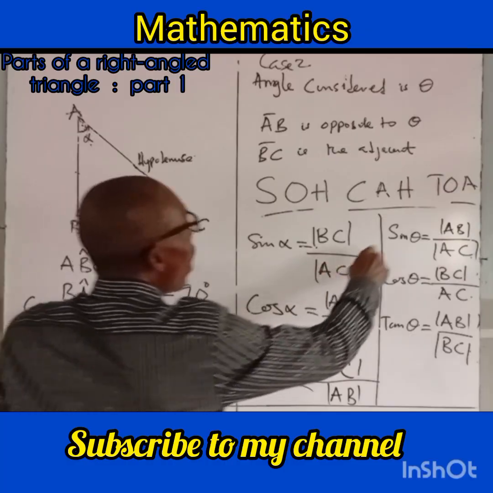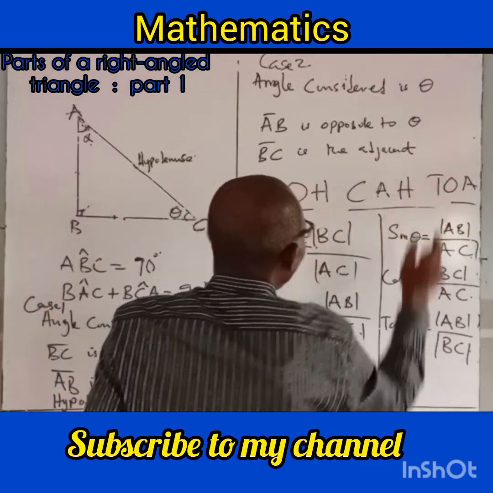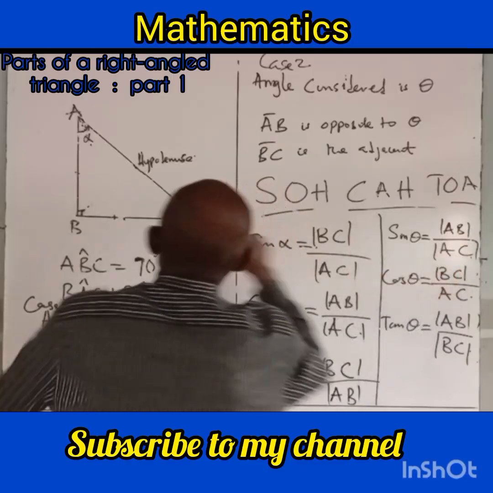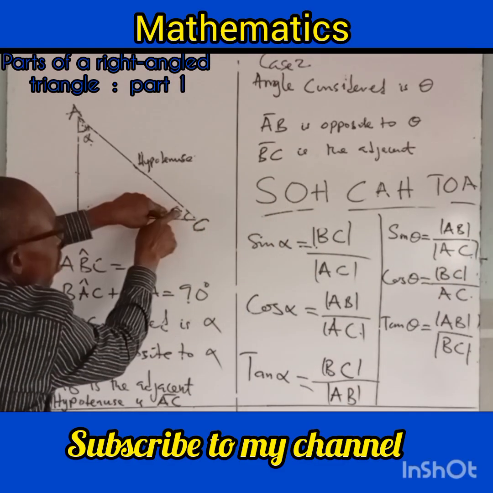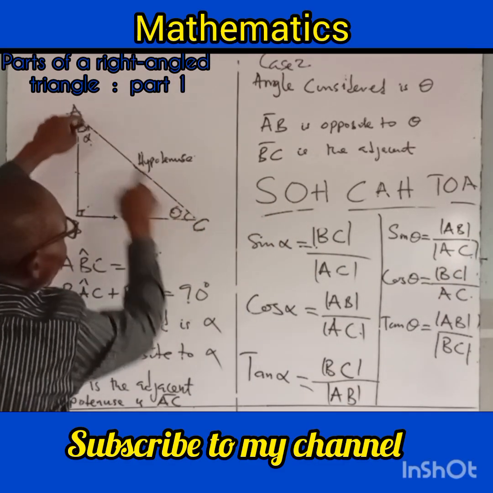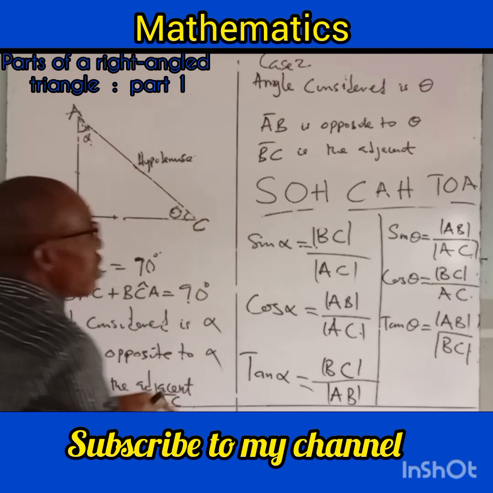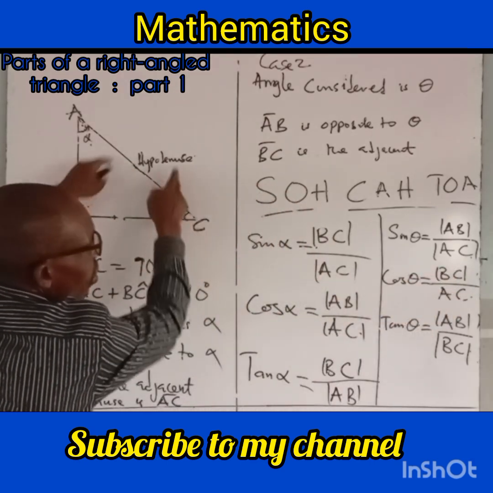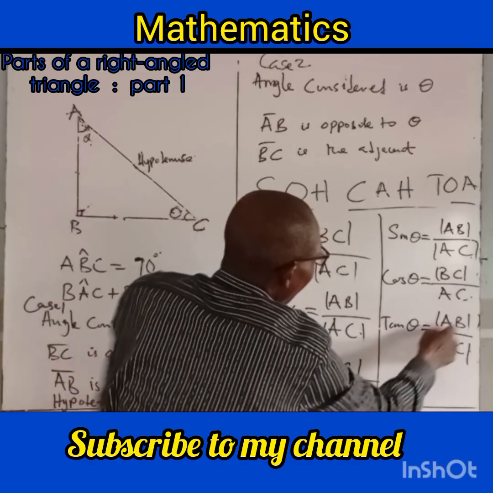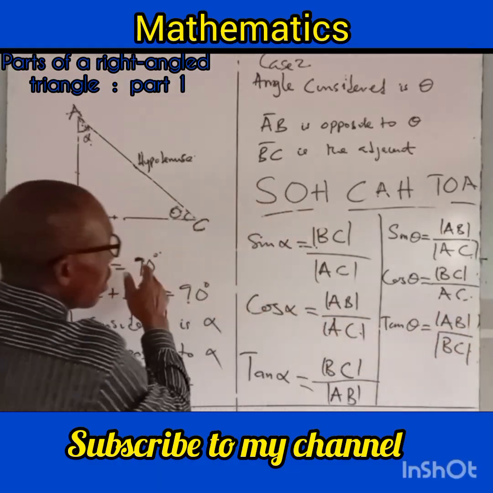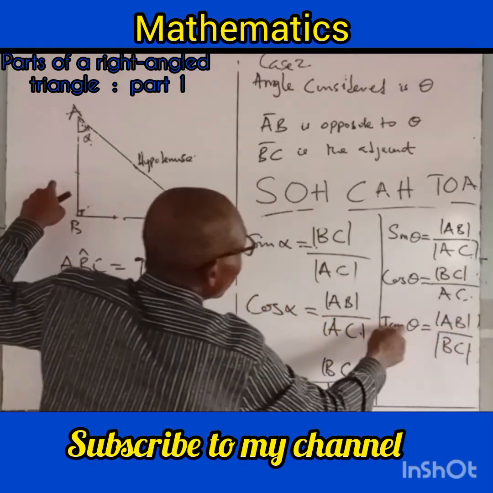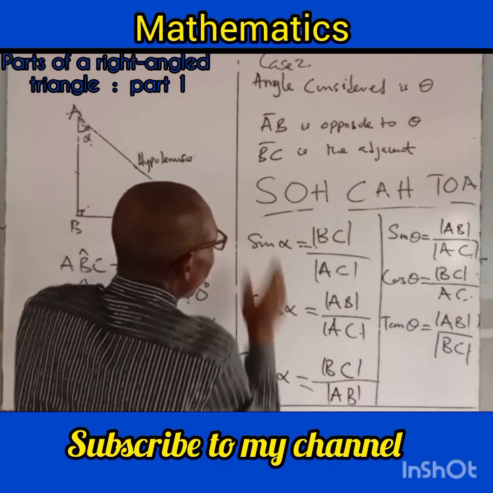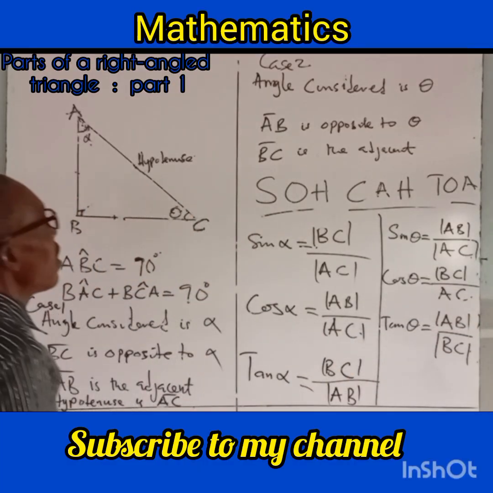Then we have theta considered here. Sin theta is equal to AB over AC, AB opposite, and over what? Over AC. The hypotenuse will remain the same. Cos theta is BC, that is the adjacent, over hypotenuse, while tan theta is AB over BC, the opposite over the adjacent. So that is how to identify the sides of a triangle.